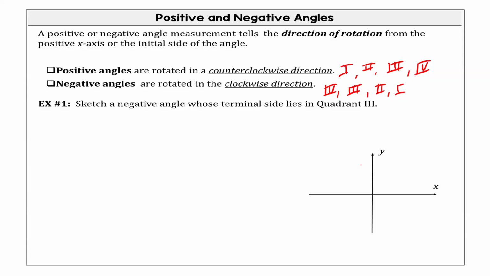So if I were to sketch a negative angle whose terminal side lies in quadrant 3, here is my initial side. Your initial side is always on the positive x-axis. Then you rotate from 4 to 3. I can draw it anywhere in here, and this would be a negative angle.